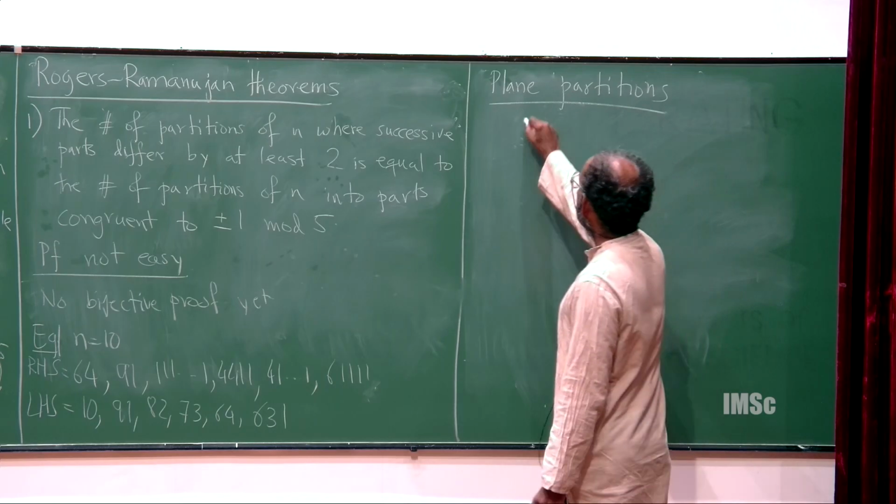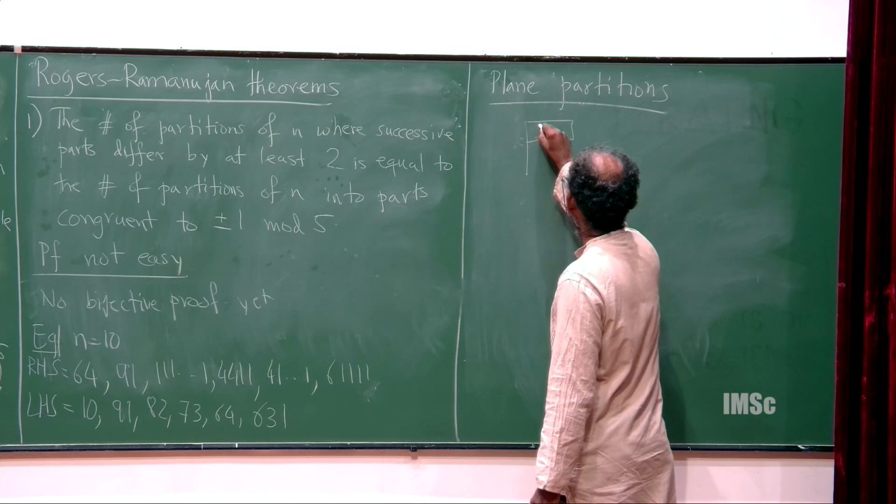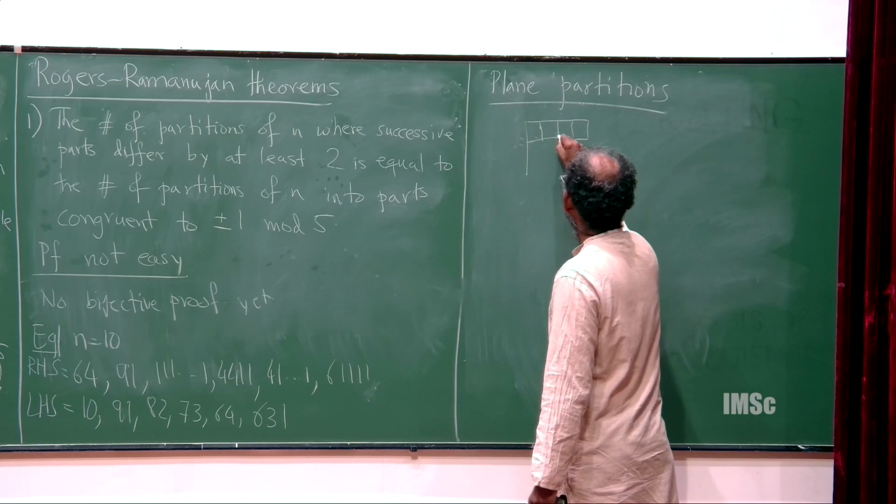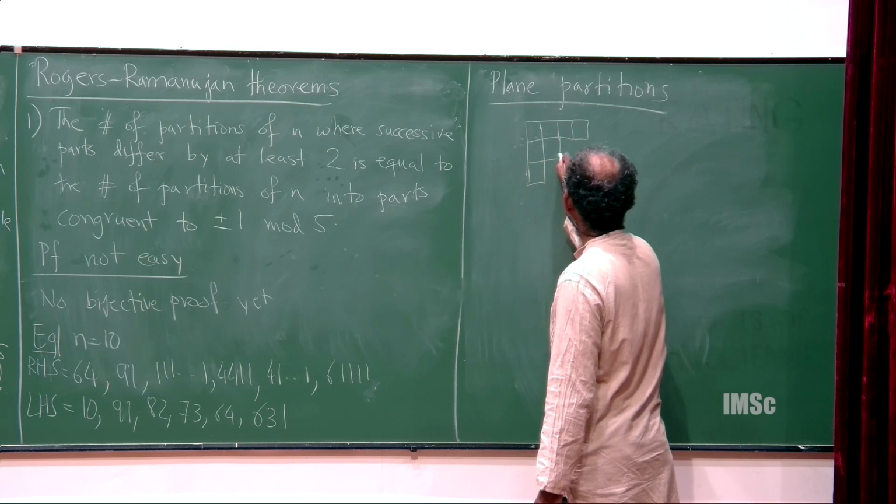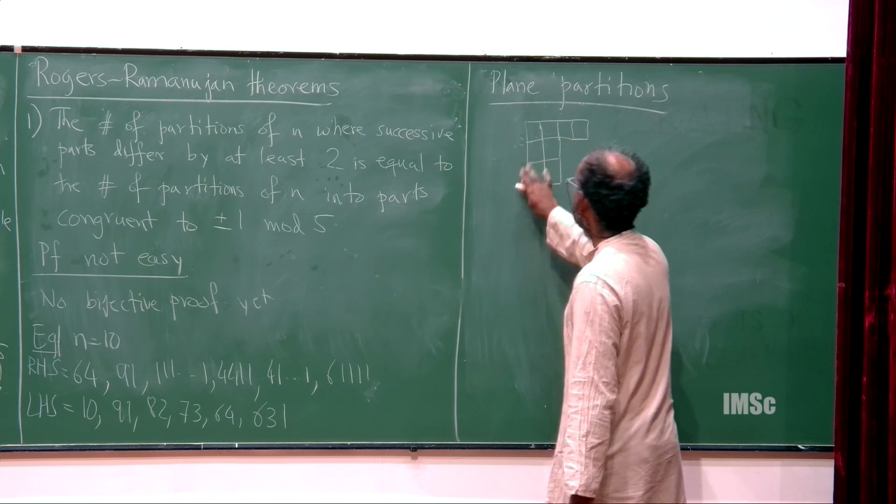So we saw the Young diagram of a partition, right. So let's say 4, 2, 2, 1, we saw the 4, 2, 2, 1, right. This was a partition.